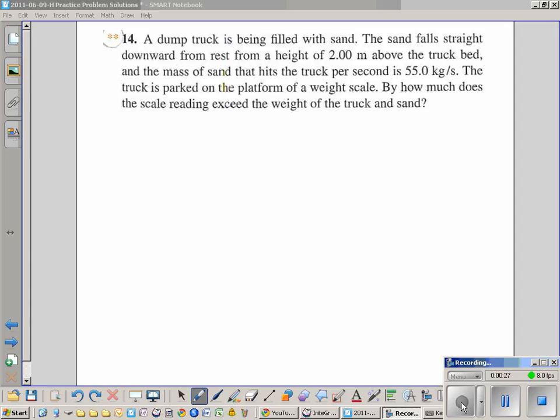Okay, and the way I think of it is that the weight exceeds what it actually is because the force of the sand falling is pushing down on it. So that's basically what we are solving for.